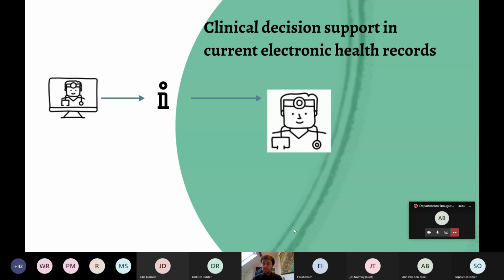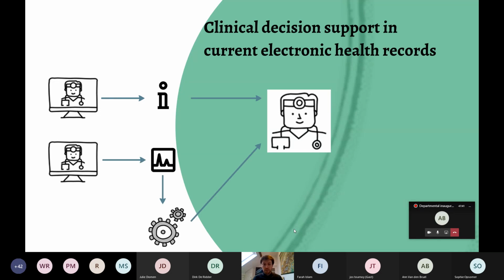And these are typically info-type buttons, which are in Belgium available as what we call the evidence linker in primary care. And I think many other EHR systems have very similar types of applications where a simple button directs clinicians to patient-specific information based on the specific question or the specific topic that has been entered into the EHR.